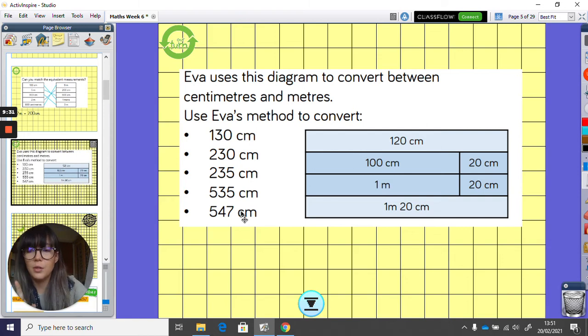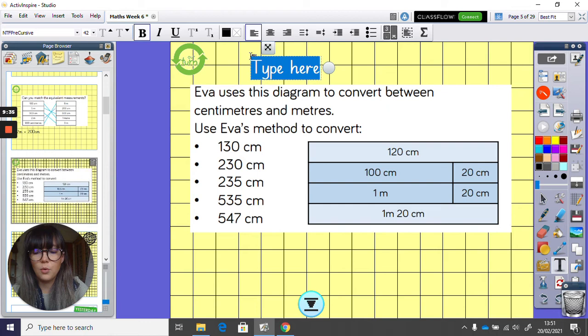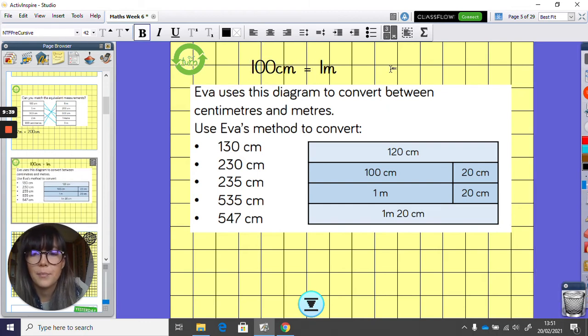So remember, the main thing that's going to help you is that we know that 100 centimetres equals 1 metre. So I'll just quickly talk you through what she's done, and then you can have a go doing all of these on your piece of paper. Then you can unpause the video, and I'll go through a couple of the answers.